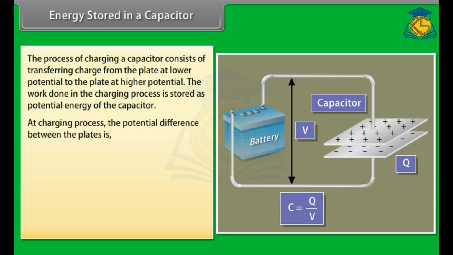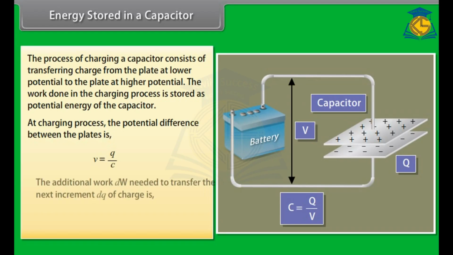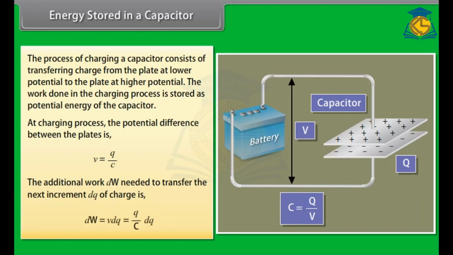At charging process, the potential difference between the plates is V is equal to Q by C. The additional work dW needed to transfer the next increment dQ of charge is given by dW is equal to V dQ, which is equal to Q by C into dQ.